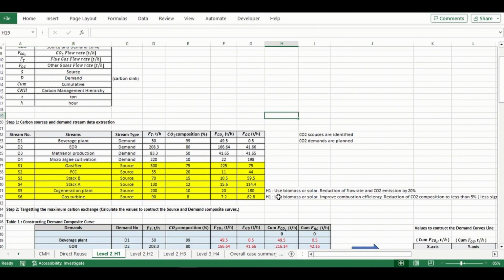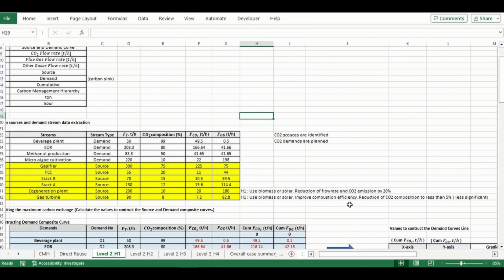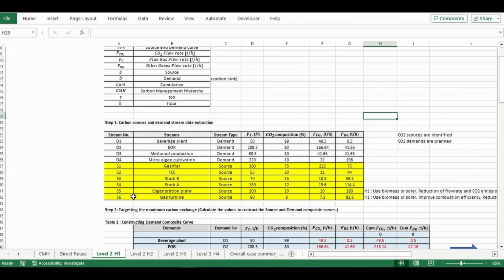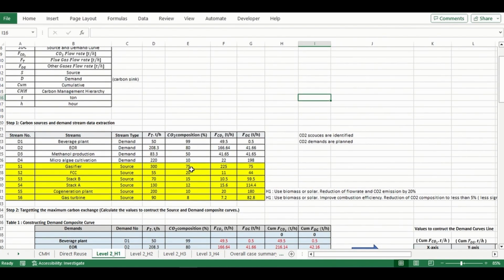Number 1, use biomass or solar for source number 5, which will reduce the flow rate and CO2 emission by 20%. And also use biomass or solar for source number 6 and improve the combustion efficiency. This will reduce the CO2 composition to less than 5%, which will be less significant. So source 6 will no longer be considered a significant source for the carbon emission pinch analysis, and we will remove source number 6.